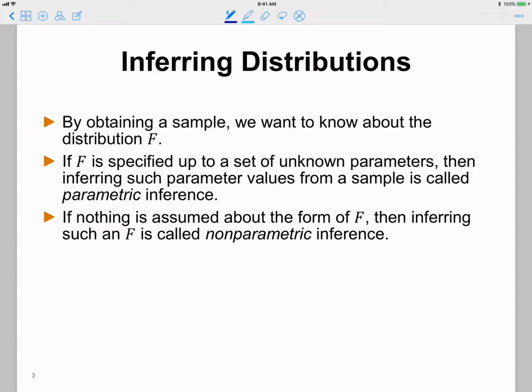Such a process is called inference. We can think of the true but unknown value of the ratio of male versus female.